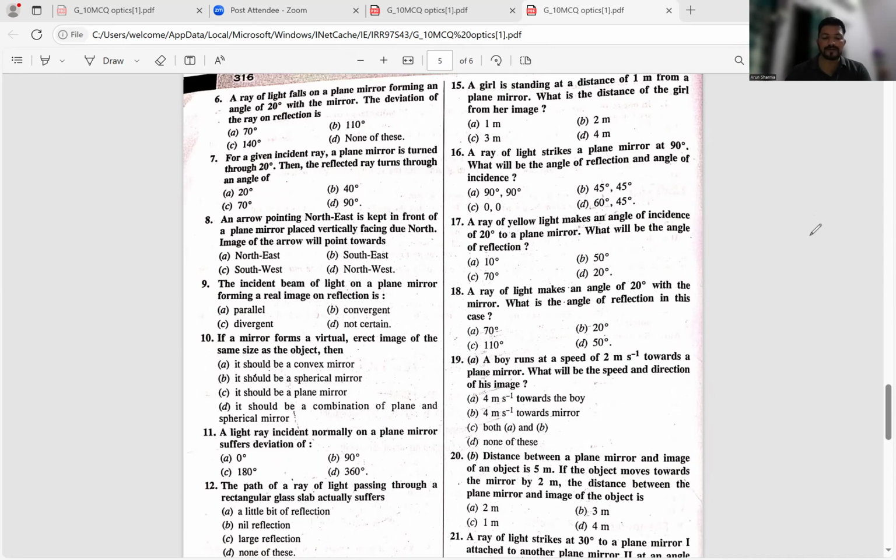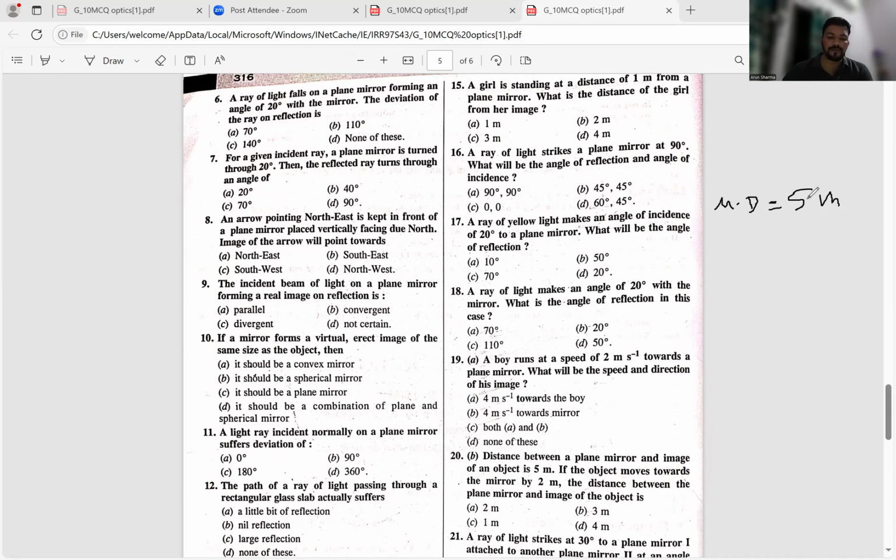So how to solve this question? The initial distance between the plane mirror and image is 5 meter. The object moves towards the mirror by 2 meter.